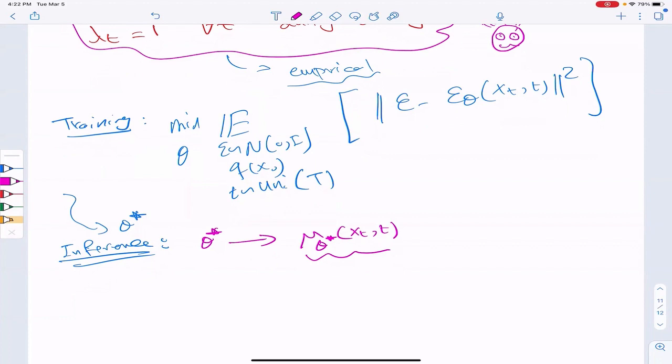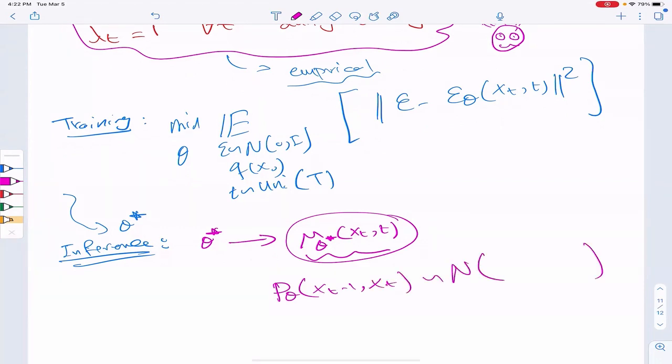If you want to go from time t to time t-1, you can use this distribution p theta of xt-1 given xt, according to a Gaussian distribution with this particular mean and fixed covariance. You generate a sample for the time before and you move forward. This is called DDPM.